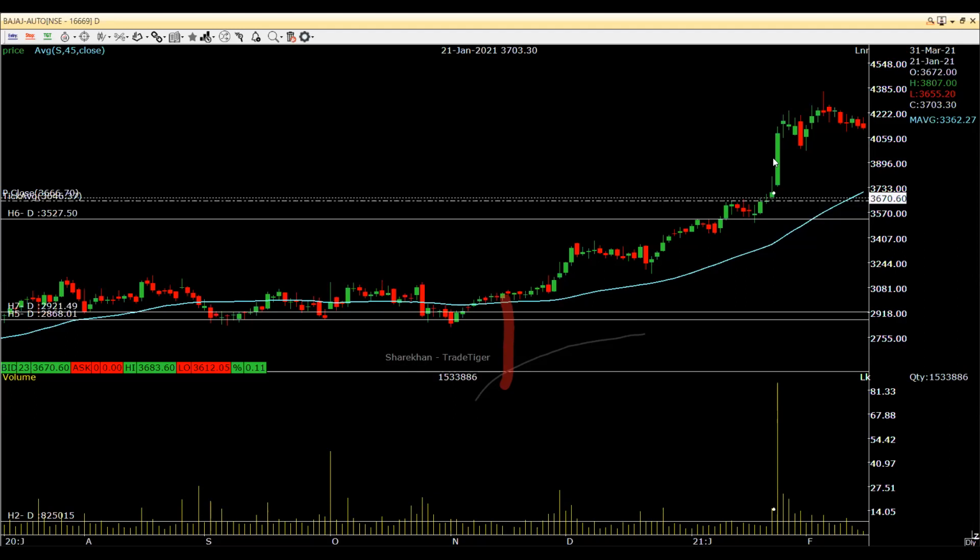Sir, one more doubt, just for the automation sake. Whenever there is a volume spike, can we take the last 5 days low as the buying zone? See, typically, if you are going to automate, you have a red and green candle.